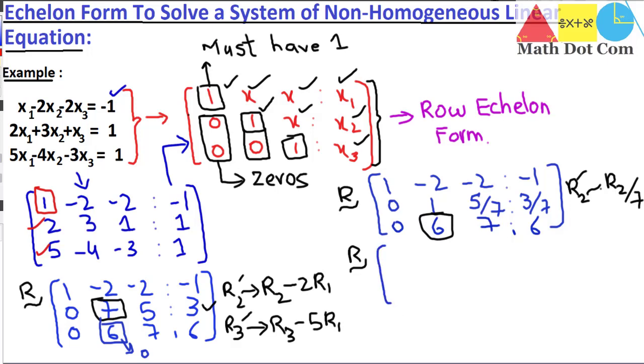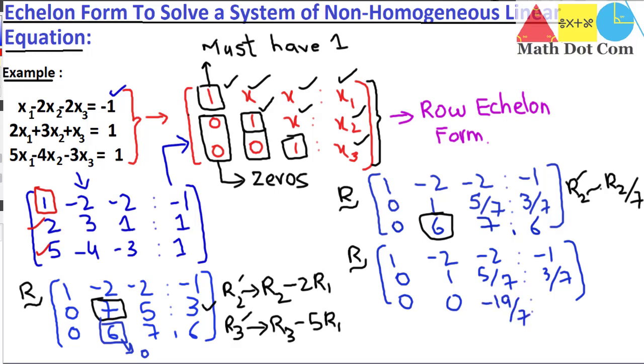We have to multiply the second row with 6 and subtract it from the third row. So it will be 1, minus 2, minus 2, minus 1, then 0, 1, 5 by 7, 3 by 7, and it will be 0, 0, minus 19 by 7 and minus 24 by 7.